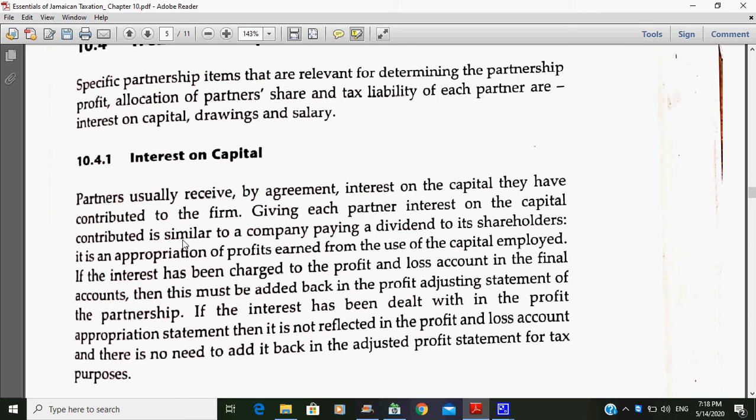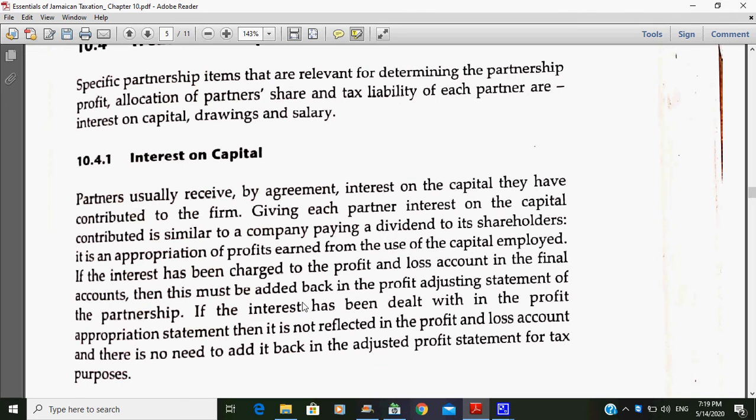If the interest has been charged to the profit and loss account in the final accounts, then this must be added back. If the interest on capital has been charged to the profit and loss account, then this must be added back to the profit adjusting statement of the partnership.